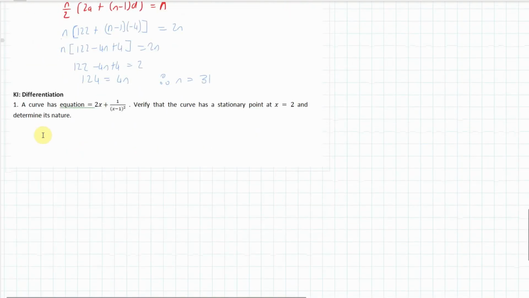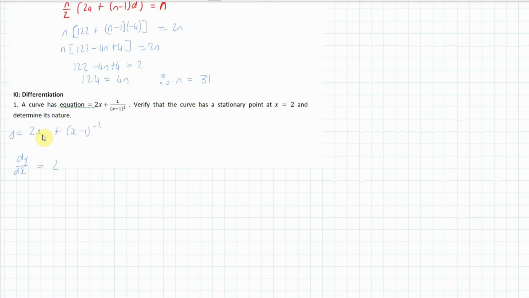Okay, so the next one, we've got a curve with this equation here. We've got to verify that the curve has a stationary point at x equals 2. So first of all, I'm going to write y equals 2x plus x minus 1 all to the power of negative 2, and then I'm going to do dy dx for my gradient function.